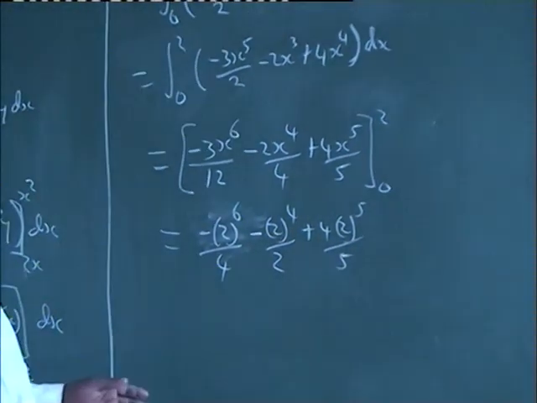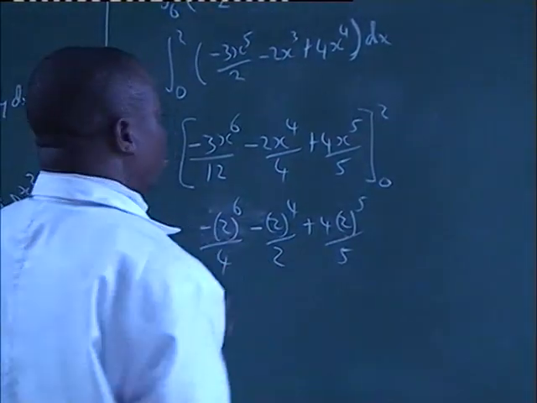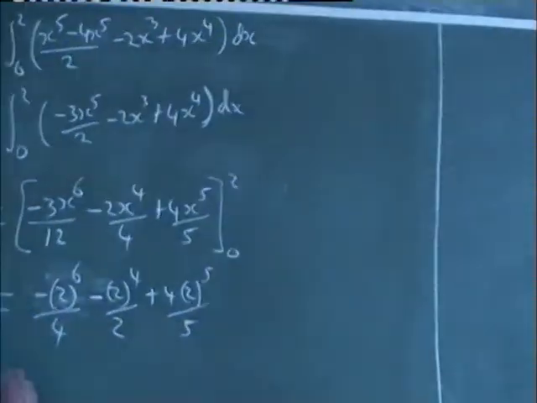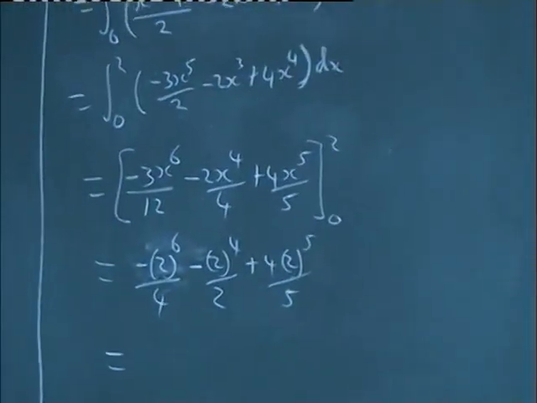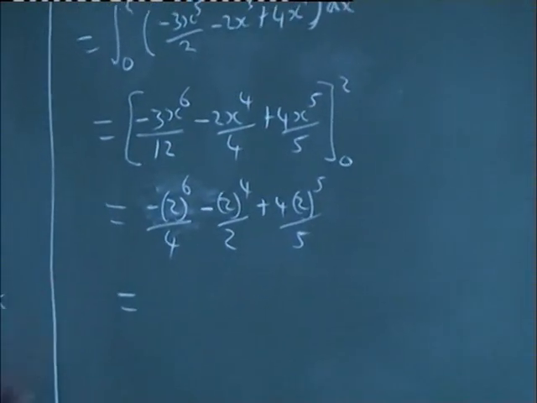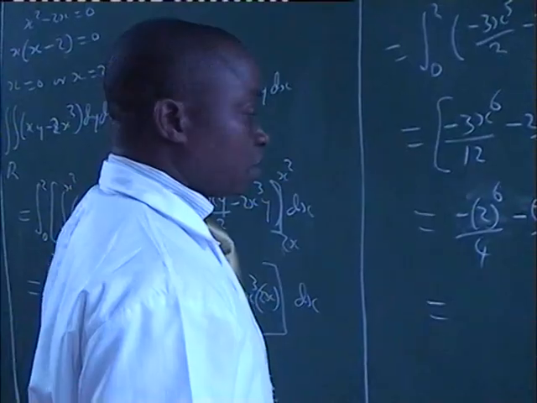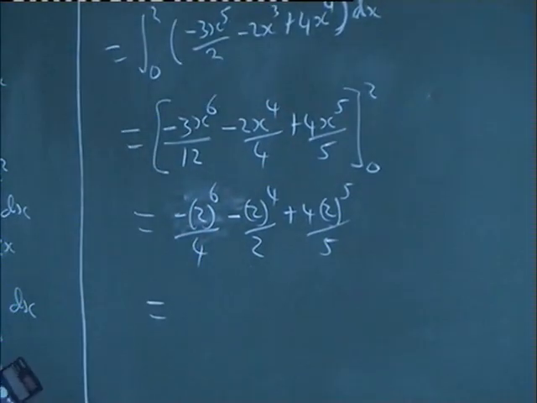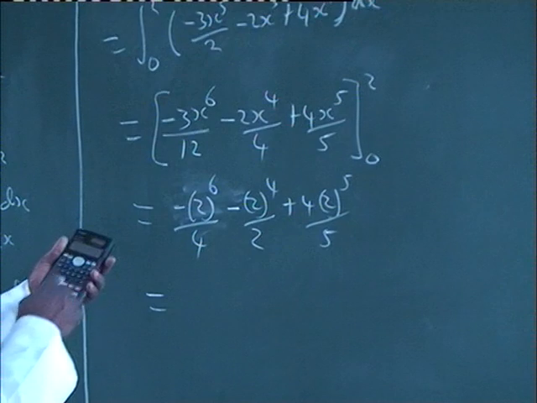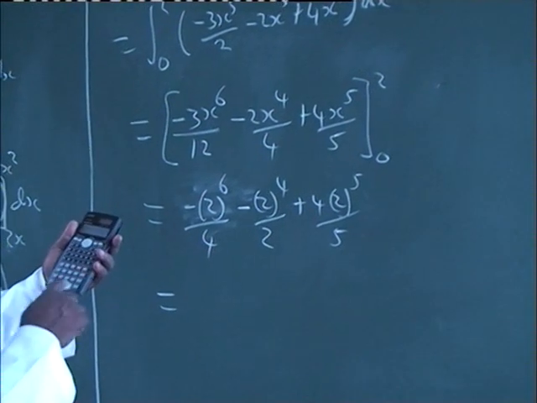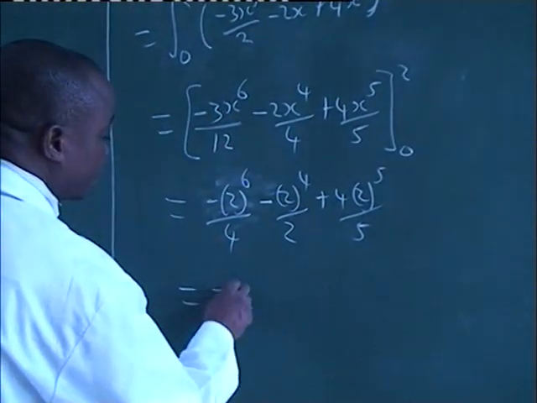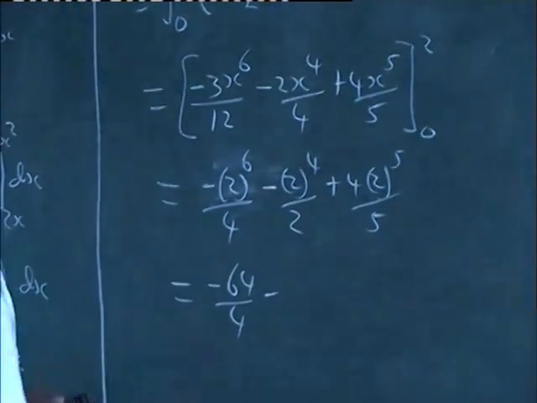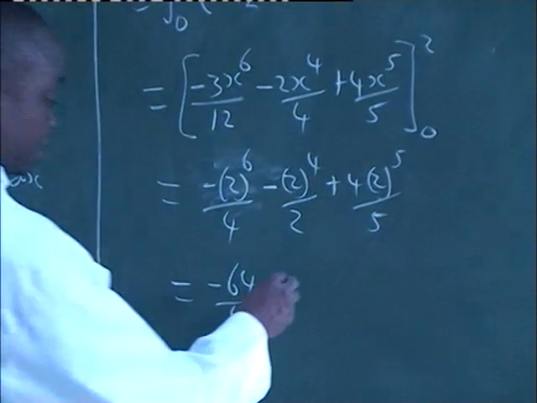So we have put the upper one minus the lower one. Of course, for the lower one, everything will be 0 here. So we can now calculate the real value of it. We know that 2 raised to the power 6 is 64, so we have minus 64 over 4, minus 2 raised to the power 4, which is 16.